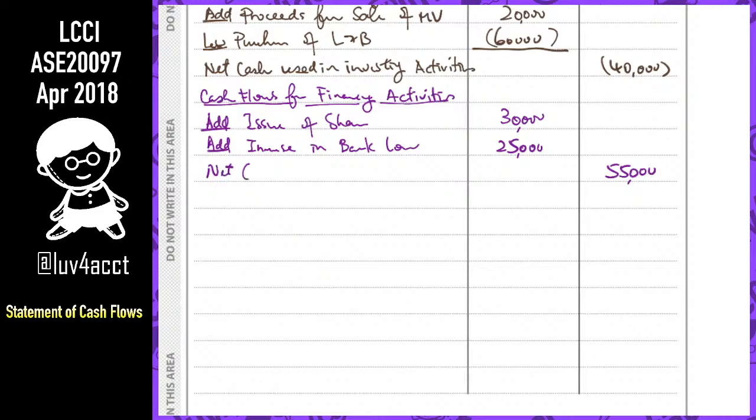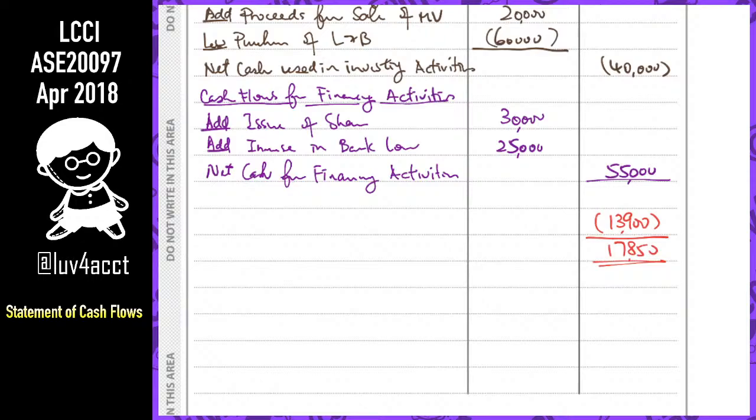Net cash from financing activities. Last three items. Okay, we have 13900 for opening and then closing 17850.